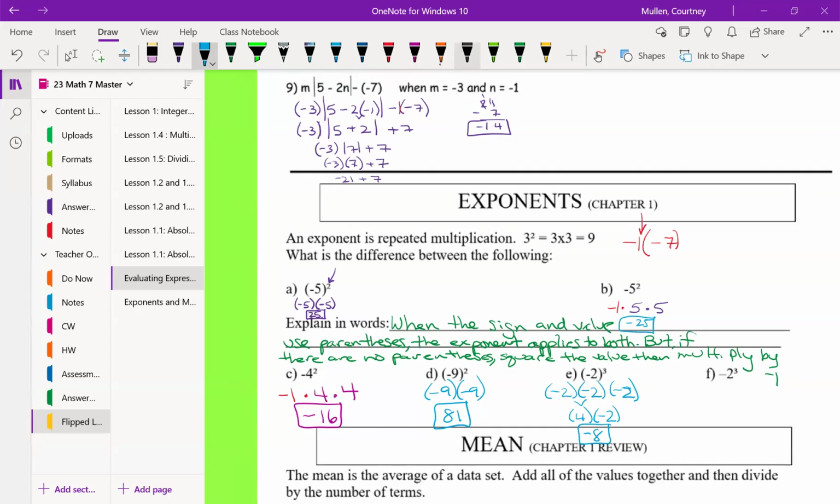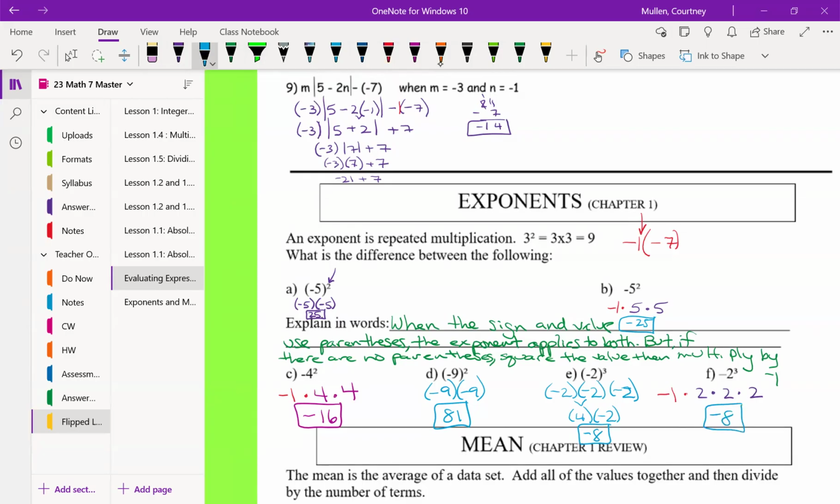And finally, F. The 2's being cubed, but not the sign. So we have 3 2's being multiplied together times negative 1. So we have 2 times 2 times 2, which is 8, times negative 1 also gives us negative 8.